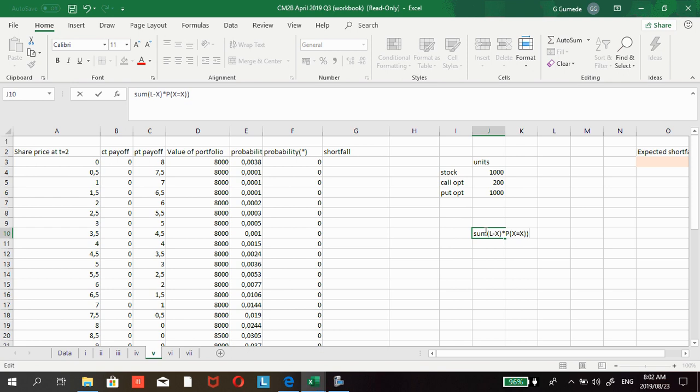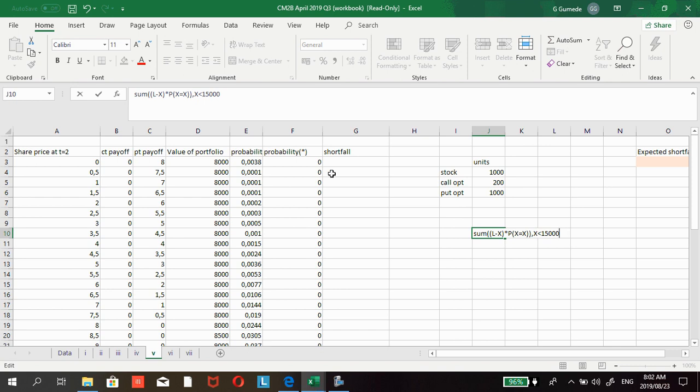And we do this summation for values of x less than, okay, now if you remember from your notes, it's not less than or equal to, it is less than the benchmark L, which is 15, which is 15,000.